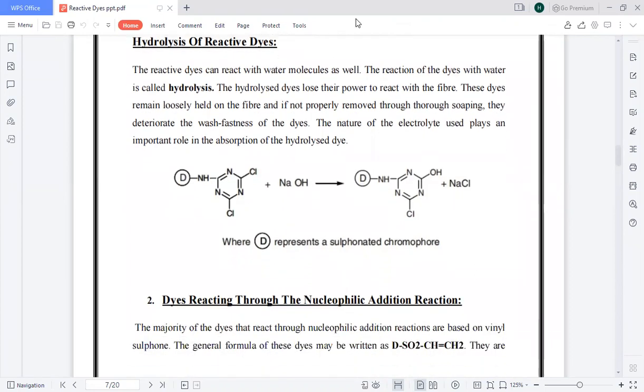So this is the reaction that shows the hydrolysis of the dye. This one is the 2,4-dichlorotriazine dye that reacts with sodium hydroxide, and the hydroxide ion replaces the chlorine ion and hydrolyzes the dye. The dye loses the affinity, loses the power to bind with the cellulose.